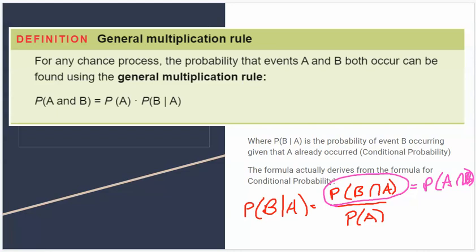You can also do this with OR, technically, although I think there's a little bit of difference there. So P of A and B is the same as P of B and A. When we reorganize the formula, we get that P of A and B is the same as P of A times P of B given A. All right, and that's really it.